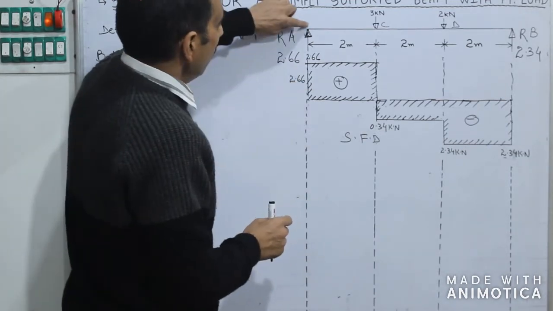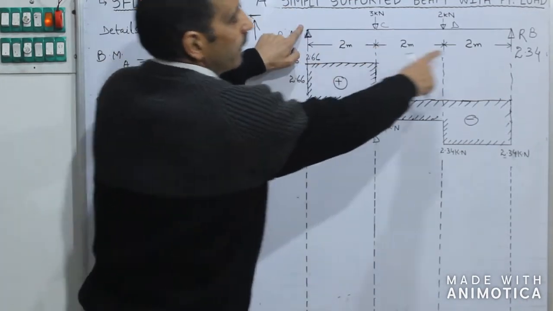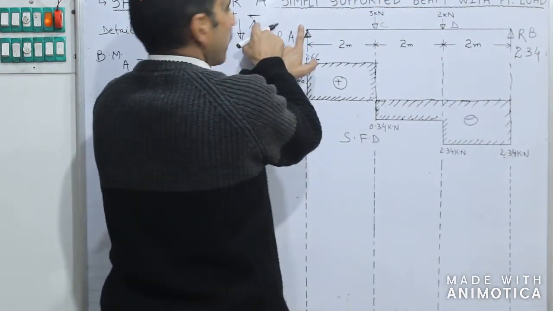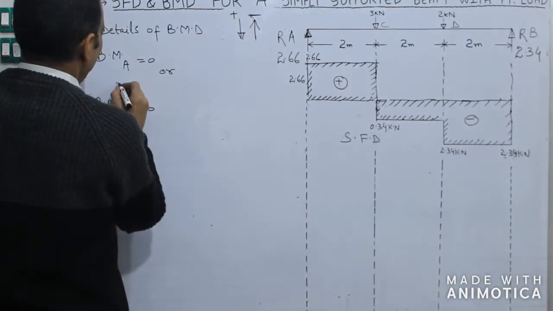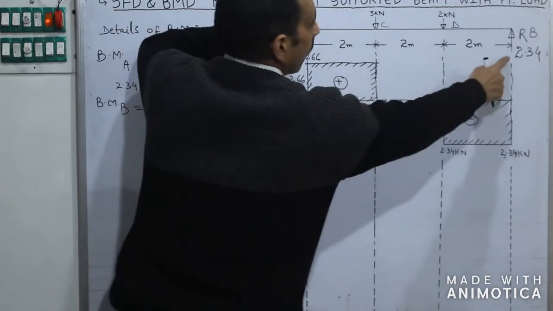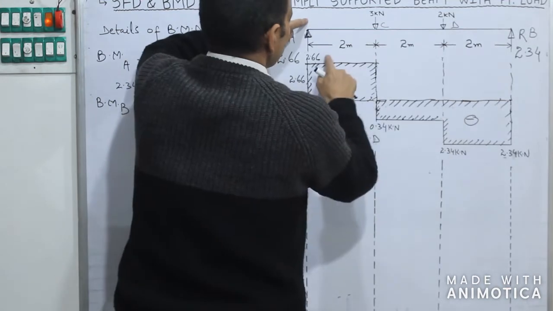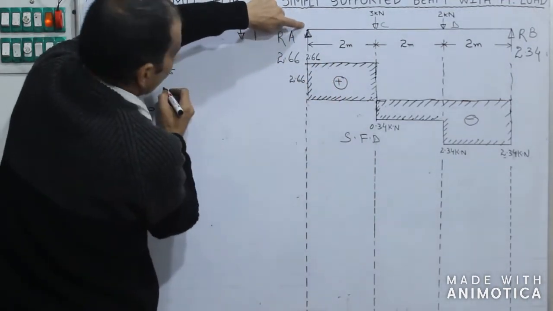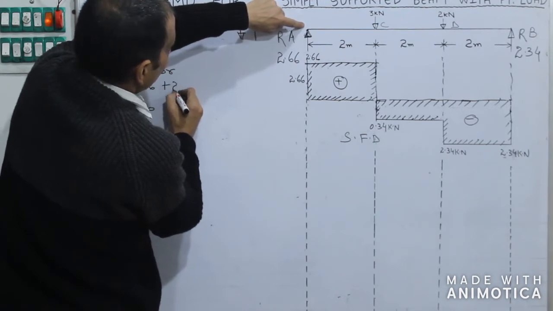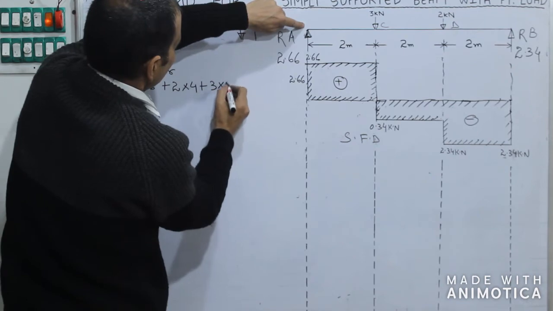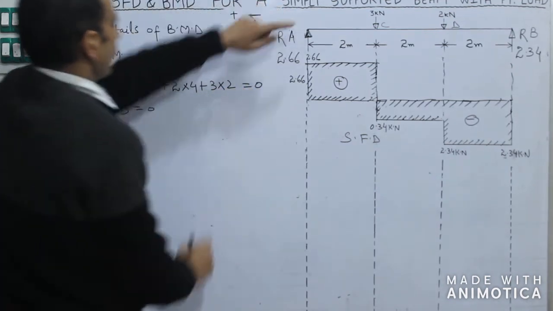Calculating moment about A: upward direction is negative, so minus 2.34 multiplied by 6, plus 2 into 4 plus 3 into 2. You will find this also comes 0.